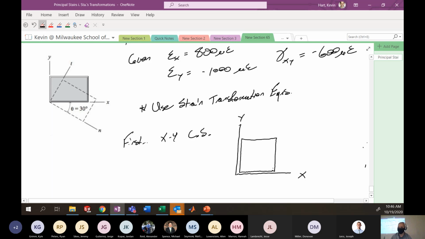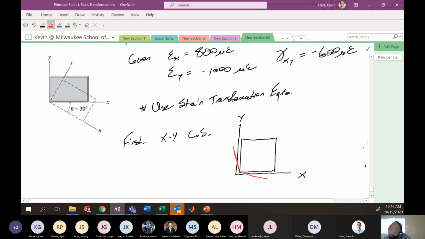In the XY coordinate system, we're told that we've got some strain resulting from some stress that we don't know. But we're told that we have a positive strain in X, a negative strain in Y, and a negative shear strain. All right. So a negative shear strain is going to cause my element to, how can I draw this, my angle is going to increase here.